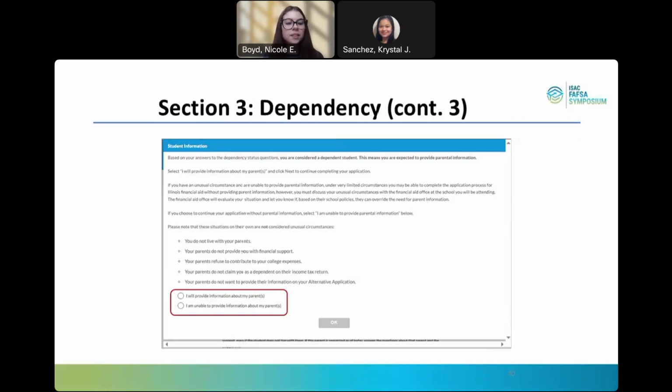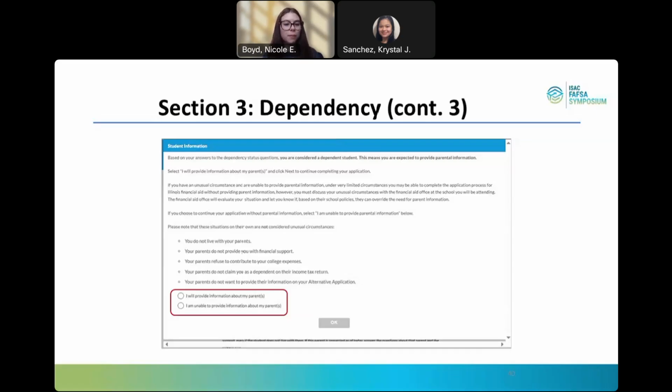So then, still in the dependency question, if a student is determined to be dependent, they will hopefully select that they will provide information about their parents. If not, they will say that they are unable to provide information about their parents, but there are certain circumstances that are not considered unusual.